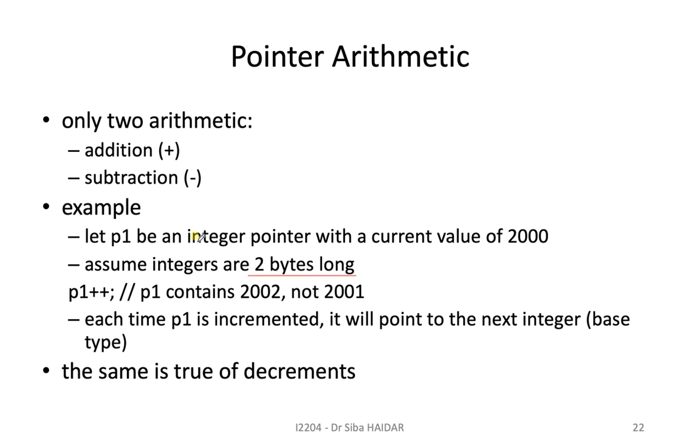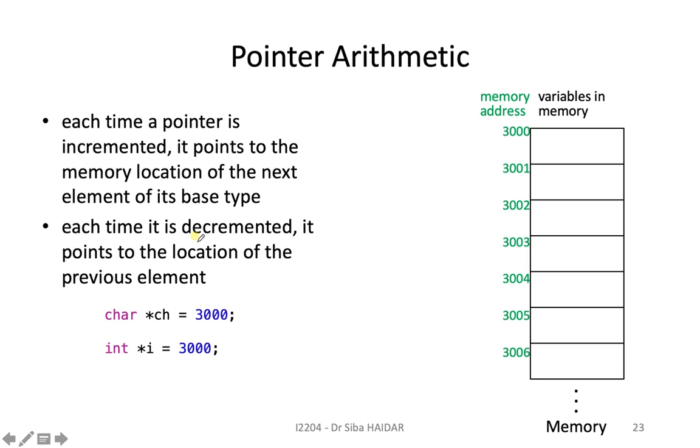So let us take a visual example here, and let us consider that we have two pointers, char star ch, which is equal to 3000 in hexadecimal, let's say, and int star I, which is also equal to 3000.